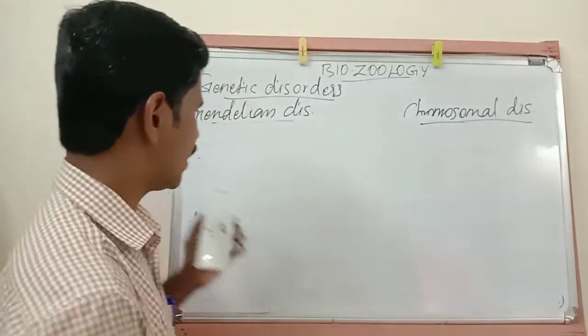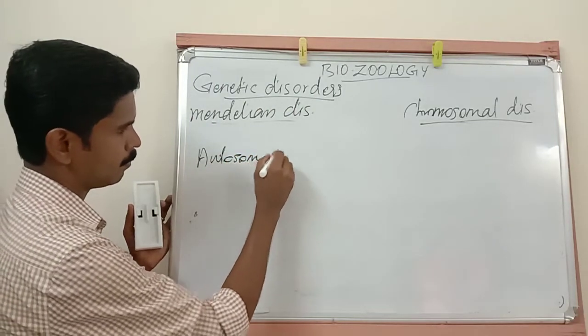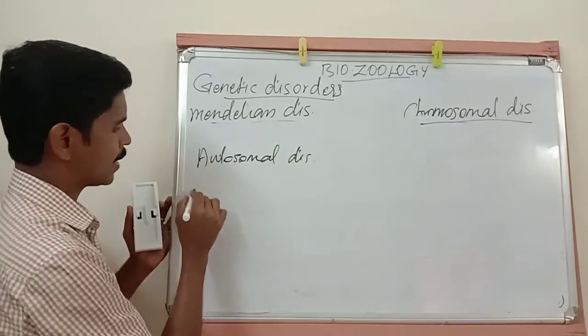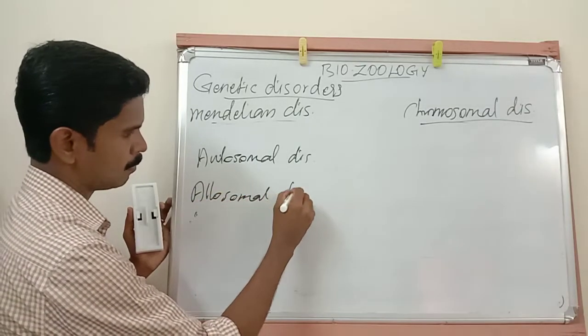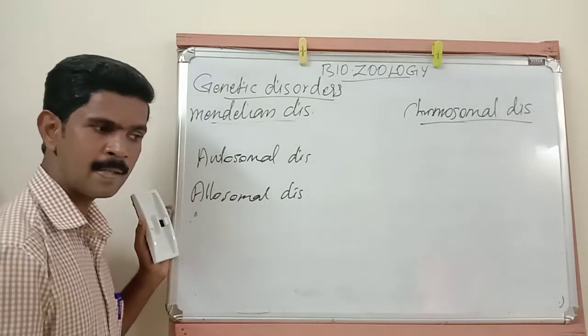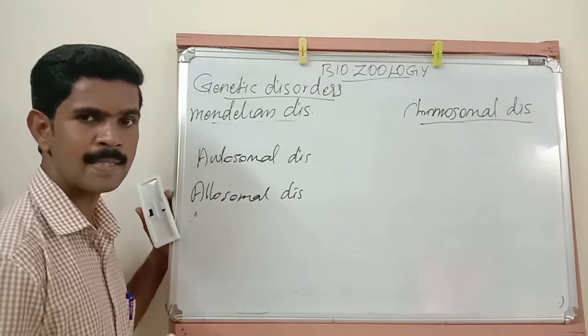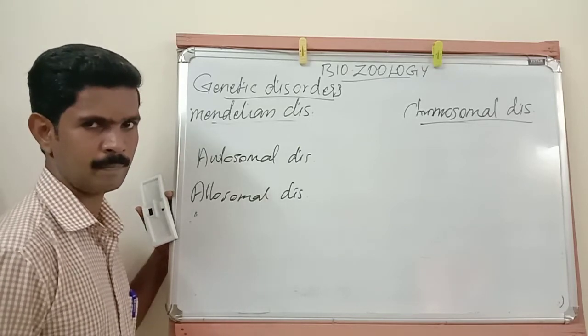Then the chromosomal disorder is also classified into two types. One is autosomal disorder and the second one is allosomal disorder. Chromosomal disorder means these disorders are due to the changes or alteration in the structure and number of chromosomes.